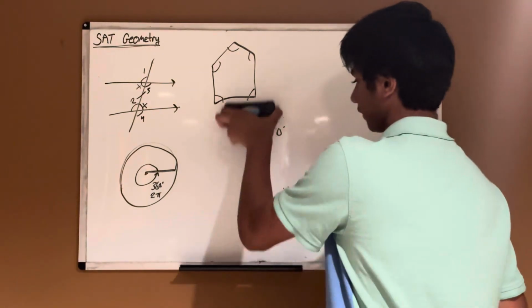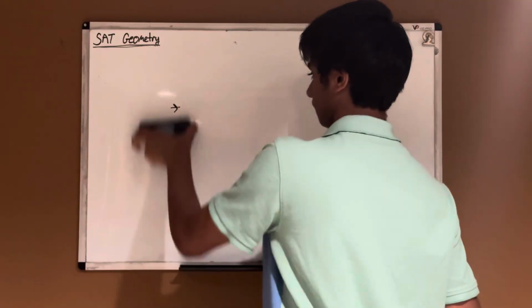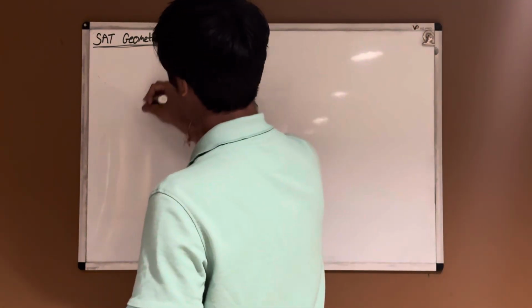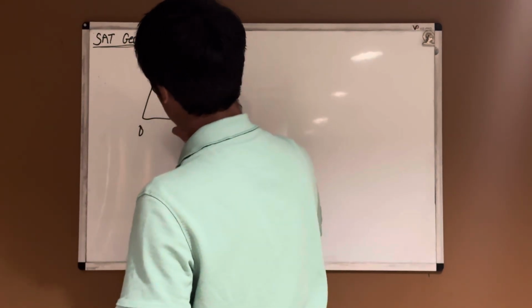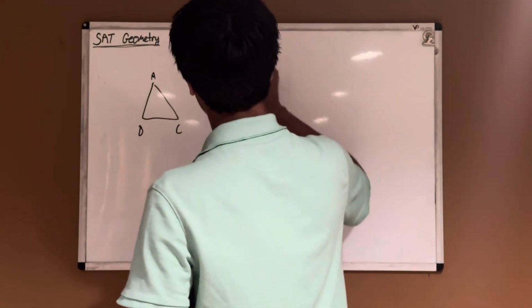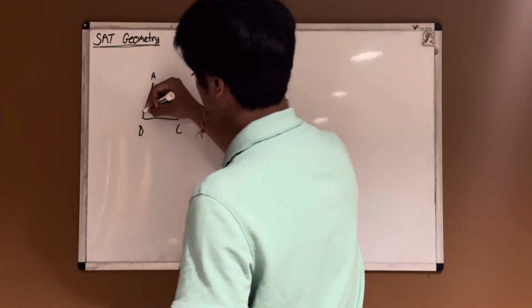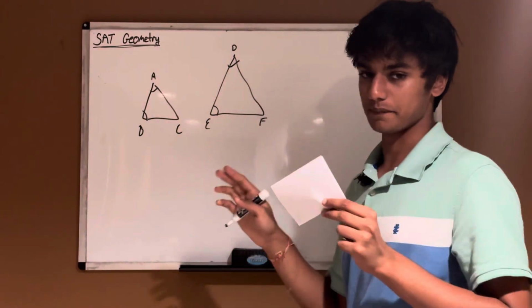All right, next we'll work on triangles. So let's say we have a triangle ABC and DEF, and these two triangles have two angles that are the same.